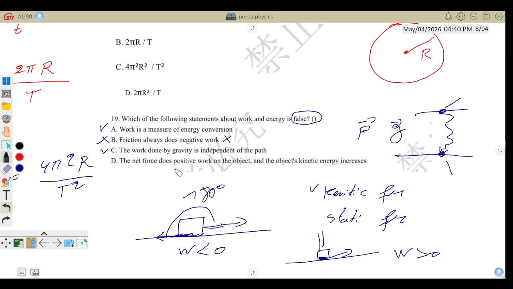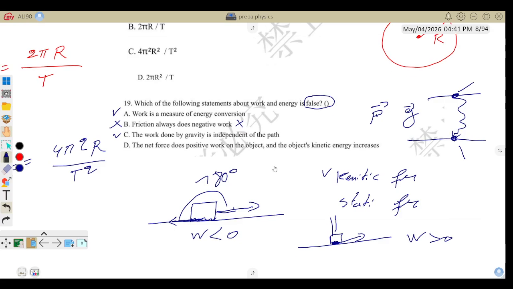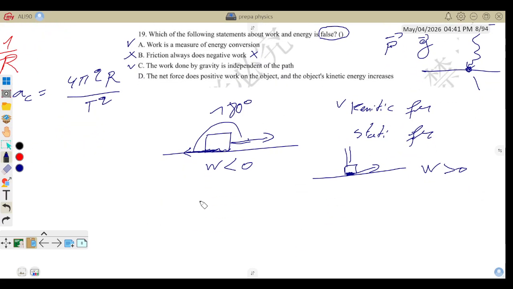D, the net force does positive work on the object, and the object's kinetic energy increases. That is correct. This is what we call the work-energy theorem. The net work is the change in the kinetic energy.